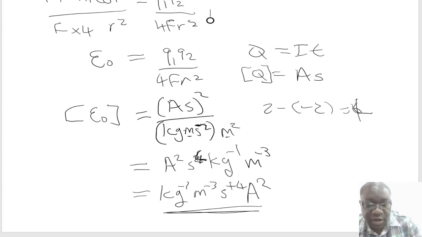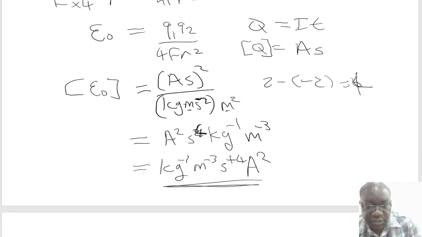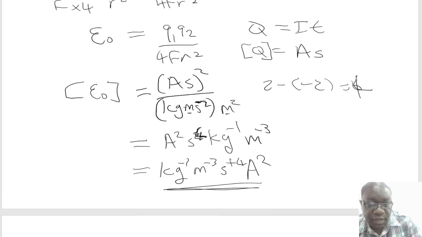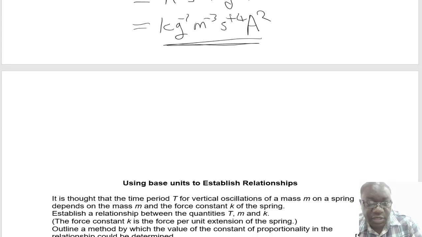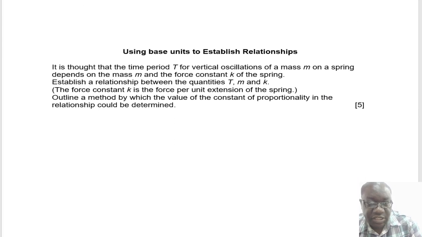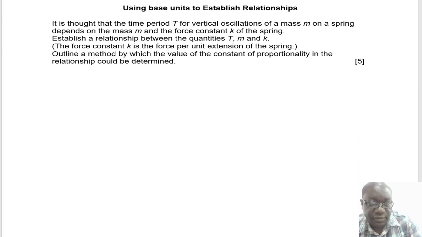Right. Now we are going to again use base units to establish relationships in equations. It is thought that the time period T for vertical oscillations of a mass m on a spring depends on the mass m and the force constant k of the spring. Establish a relationship between the quantities T, m, and k.